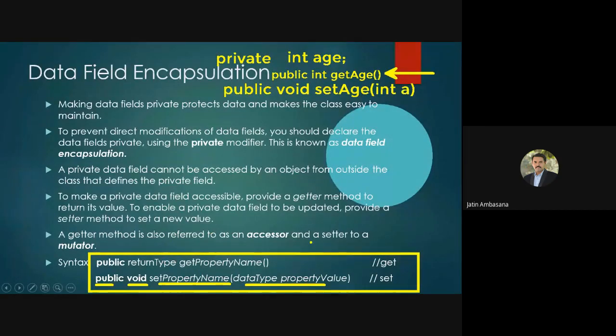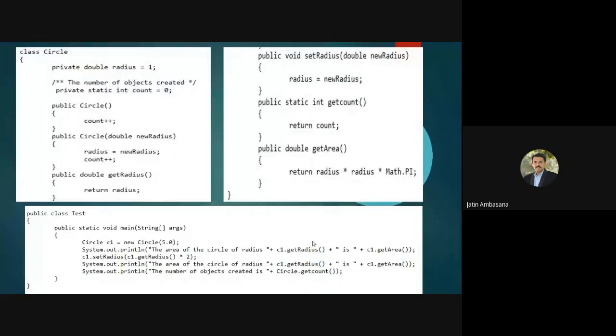Okay, so check this out. Here we have this class Circle. Inside this class Circle we have a radius variable which is of type double, and it is also private. Now what if we want to set this from outside the class?